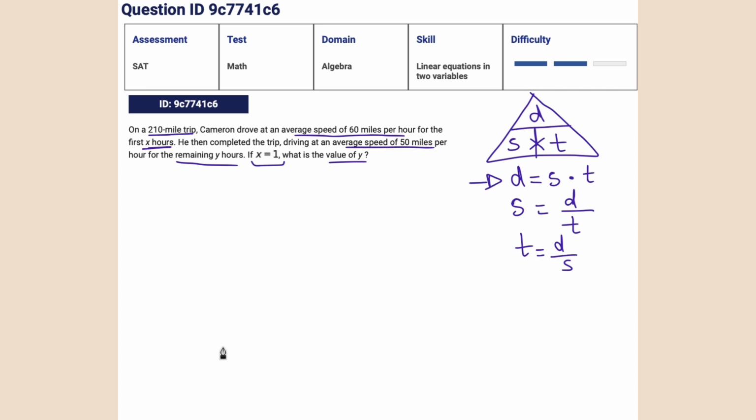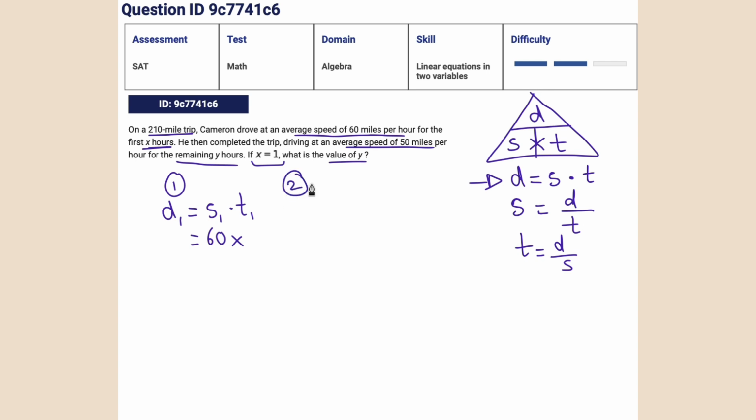So first of all, let's add the two distances, because here we're dividing our trip into d1, let's say, equals speed 1 times t, which is time 1. Speed 1 here is 60, and time is x. I know it's 1, but let's leave it as x for now.